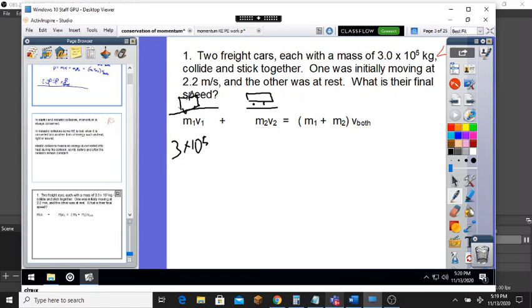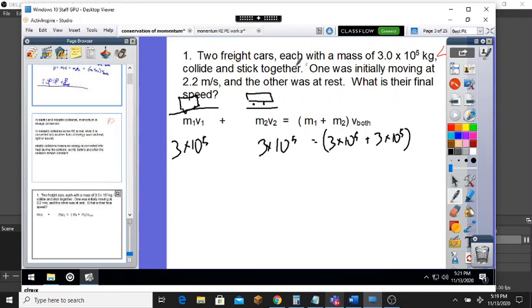So if this one has this mass, then anything that has an m, we're just going to plug in that same mass to everything. Okay. Don't get confused. All I did is, if it says an m, I just plugged in that number because the weight of that car is the same for all of them. Therefore, all of the m's are going to have the same number.